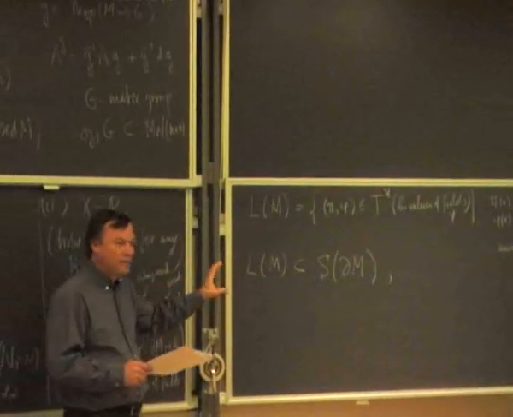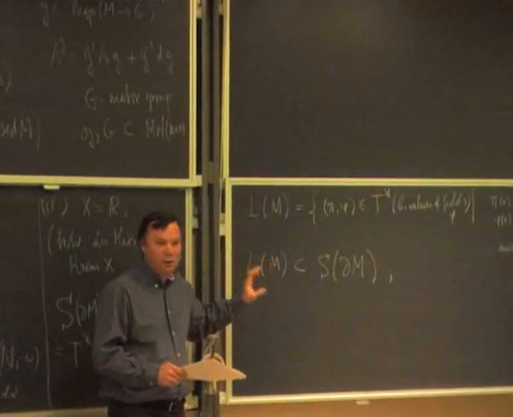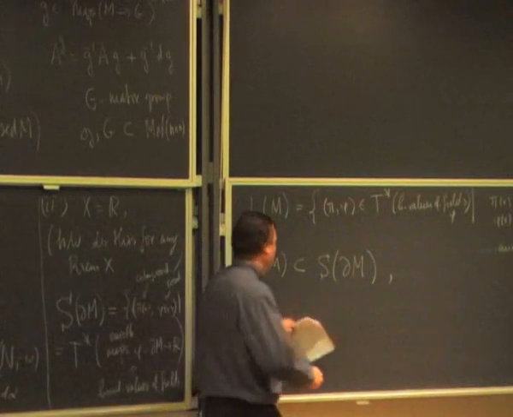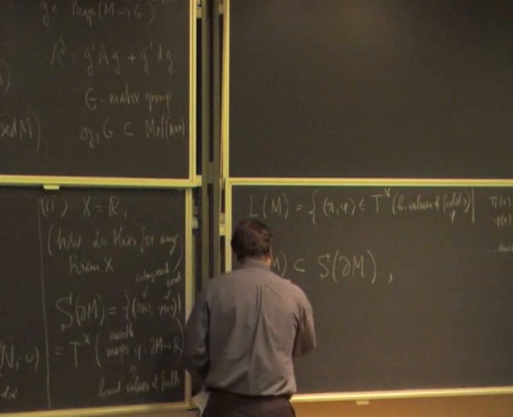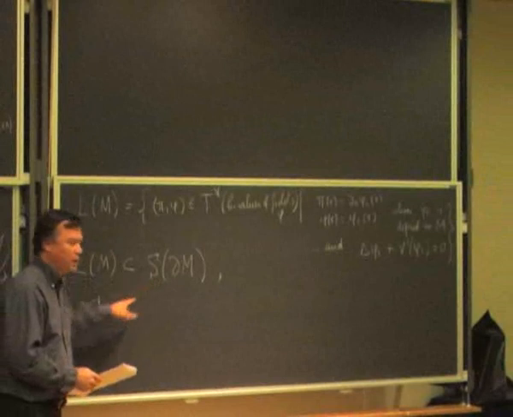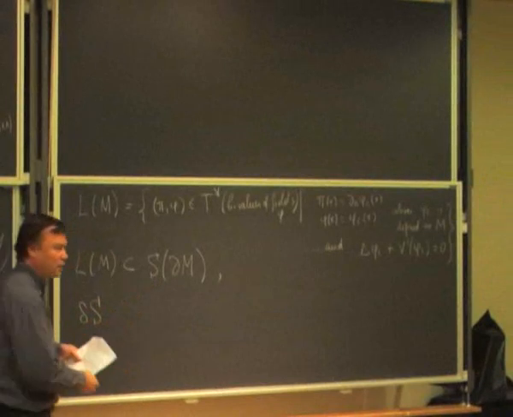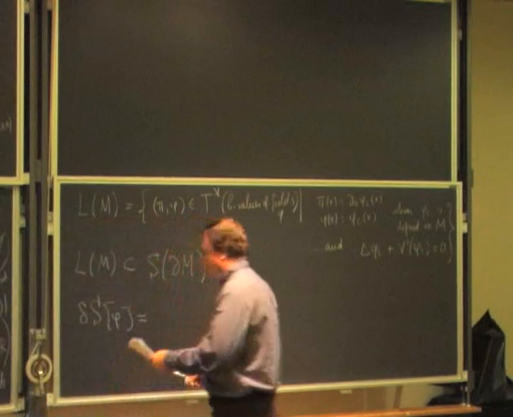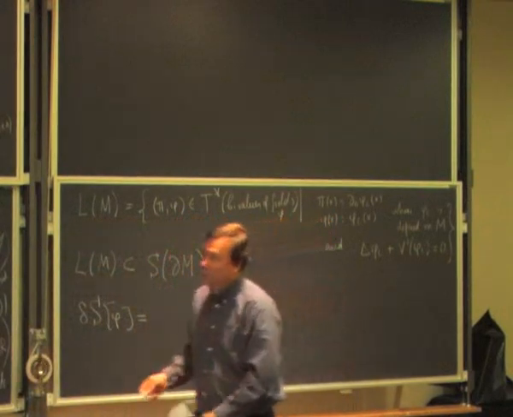These S's, although they look different, we'll understand that they mean something completely different. And I noticed it because I want to write the variation of the action in the next formula. So this S clearly is different from this S. So this is the action.